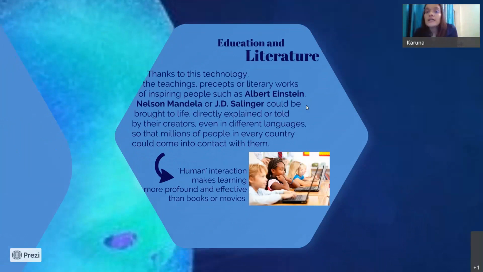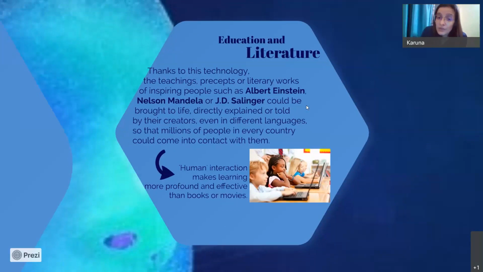In education and literature, for human interaction, it makes machine learning profound. For example, these days everything is online. So for online content, you can actually have a bot morph with a teacher's image speaking to students, counseling. These are the good things where deepfake content can be used.